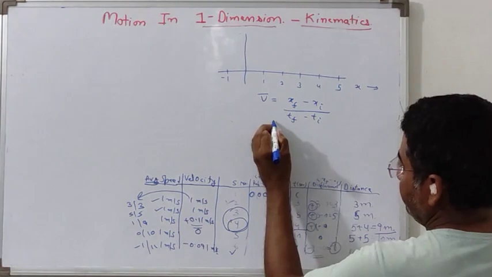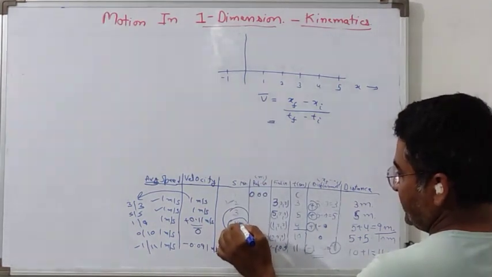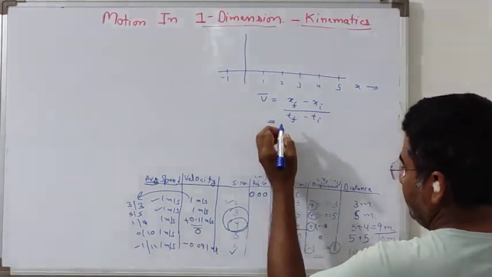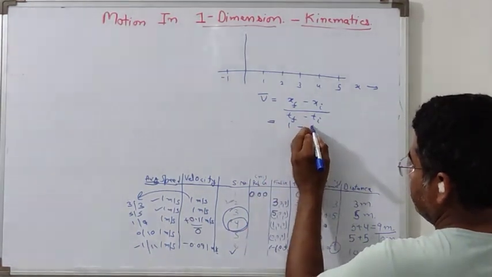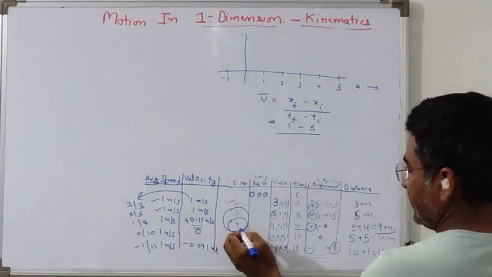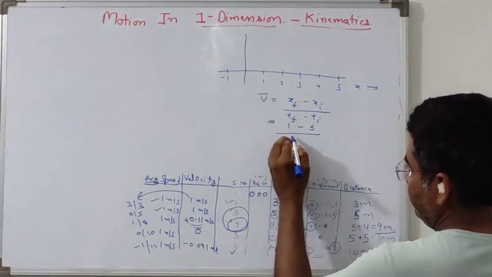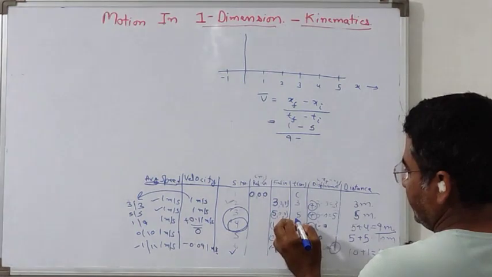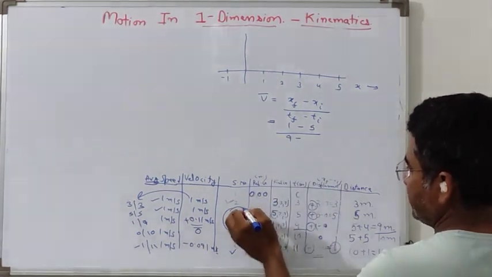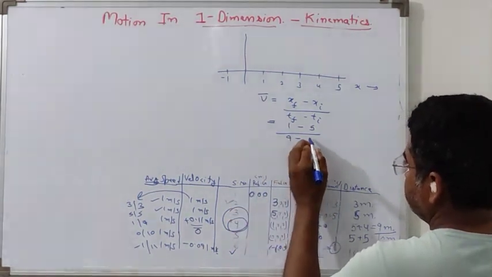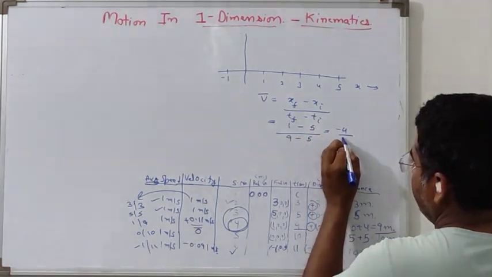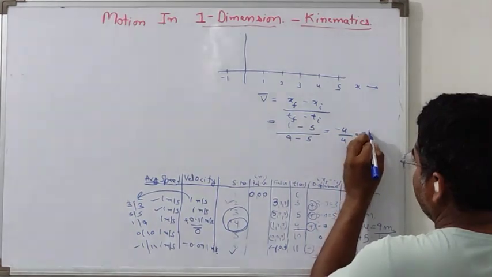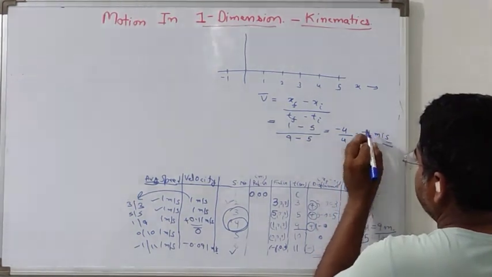This will be our final point, that is 4. Here the position is 1, xf is equal to 1. Initial position was 5, xi. The time at data point 4 is 9, and the initial time is 5, that is at data point 3. This will be minus 4 by 4, that will be minus 1 meter per second.